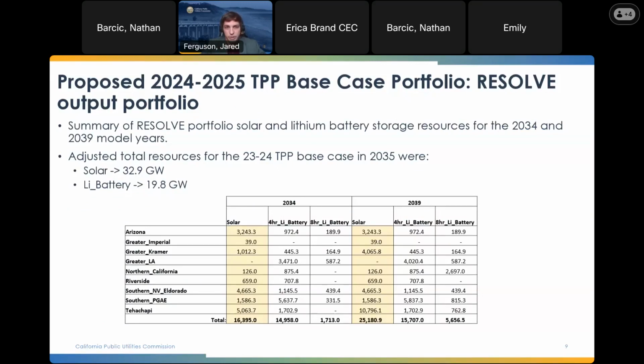You can see in 2034, Resolve only has about 16 gigawatts of solar selected, while in 2039, it does go up to about 25 gigawatts, but that is still several gigawatts less than what was modeled and mapped in the previous base case. Next slide.